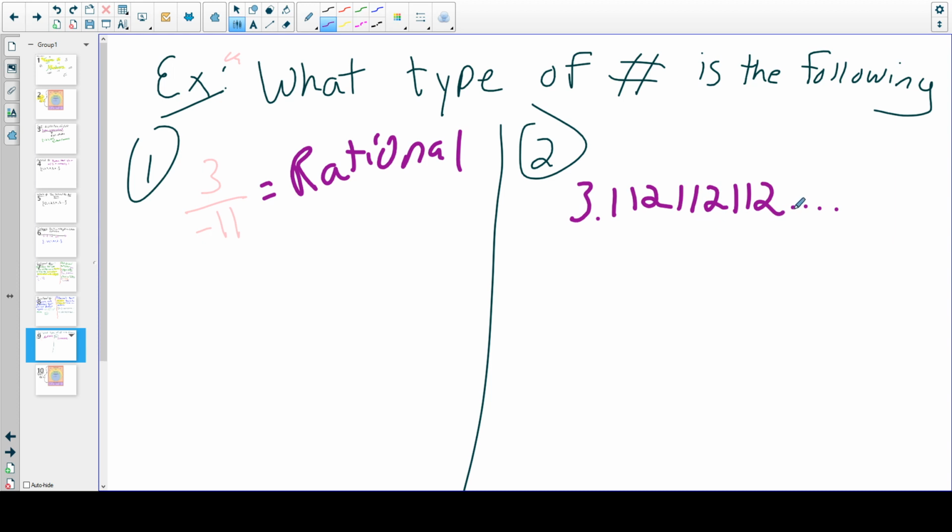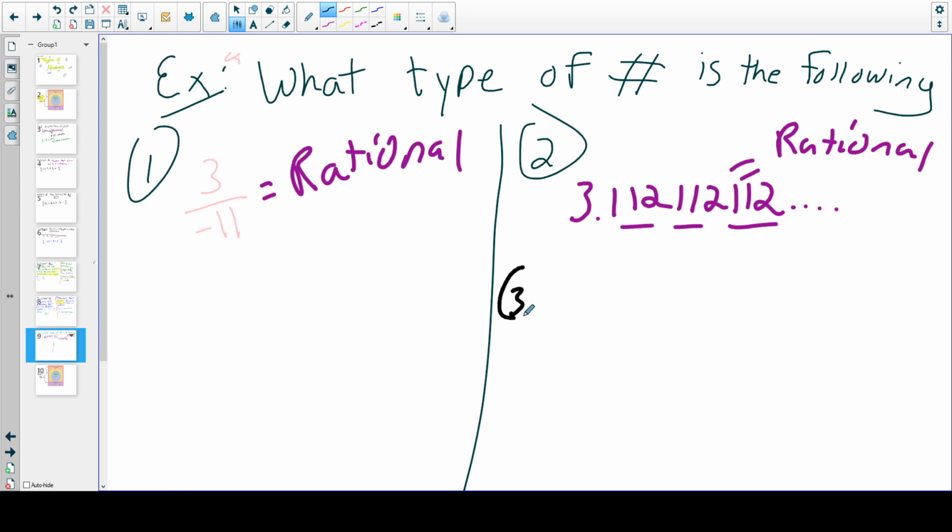Well, it doesn't terminate because obviously this is saying that it's going on forever. But does it have a pattern? Well, a good way to know is ask yourself, do I know what the next number is going to be? 112, 112, 112. I have a feeling it's going to be 112, right? It repeats this pattern over and over again. So this number must also be rational.